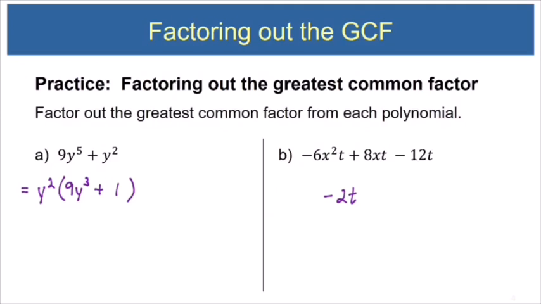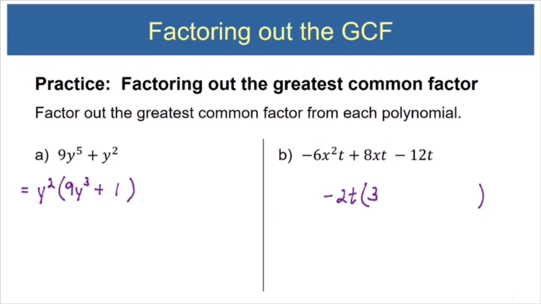Okay, now I need a pair of parentheses big enough to hold 3 terms. And we need to go through one term at a time and figure out what we would have to put for each term so that negative 2t times that term gives a term from the original expression. Well, I know that negative 2 times positive 3 will make negative 6, so I'm going to go ahead and put 3 there.